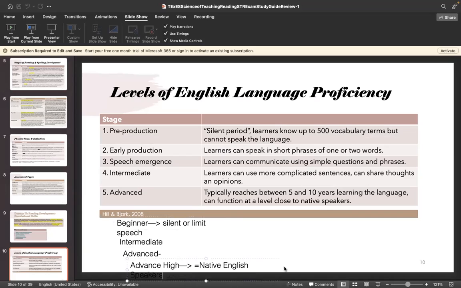Every single one of my best writers was an advanced high Spanish-speaking student or an advanced high ELL student. Advanced high is comparable. They need no support. They're on the level of native English speakers grammatically, reading-wise, listening, speaking, writing, and they also have access to a plethora of more vocabulary because they have the vocabulary words from their first language.